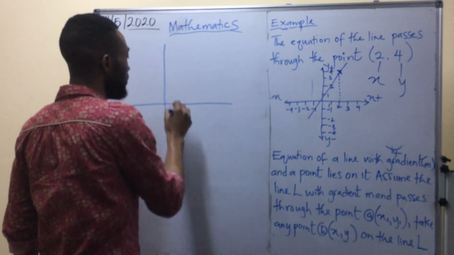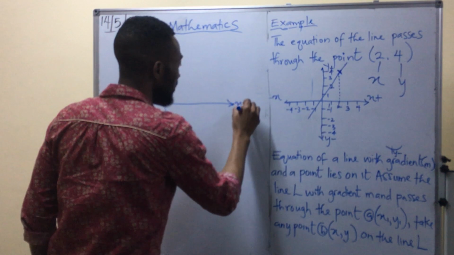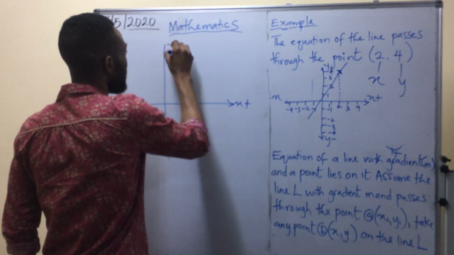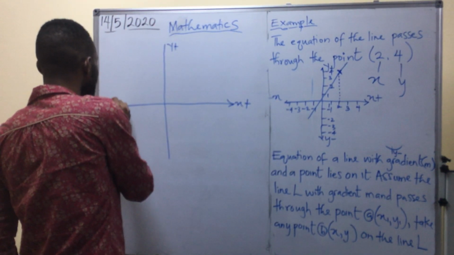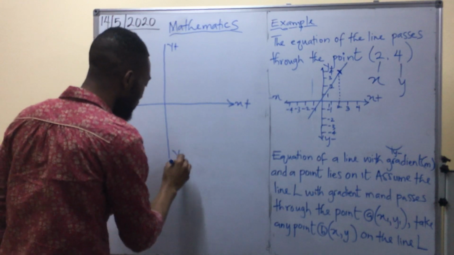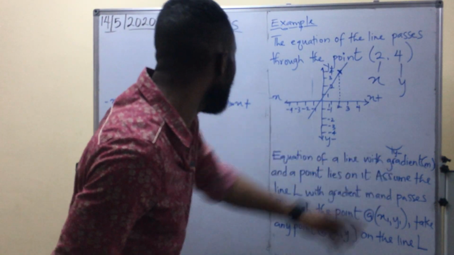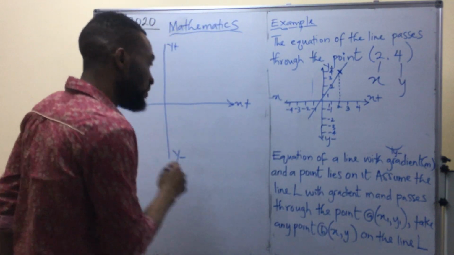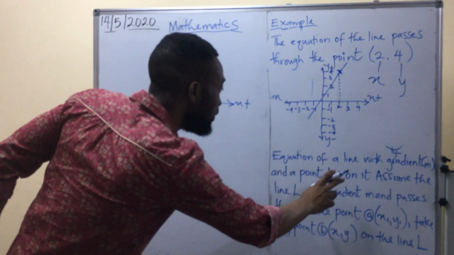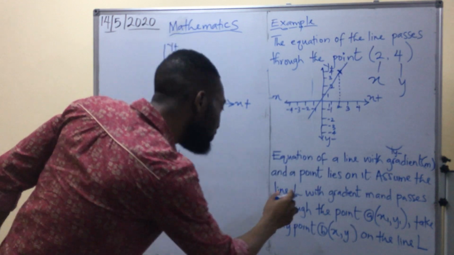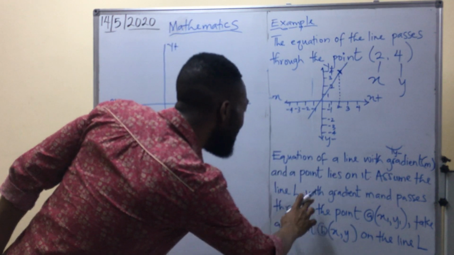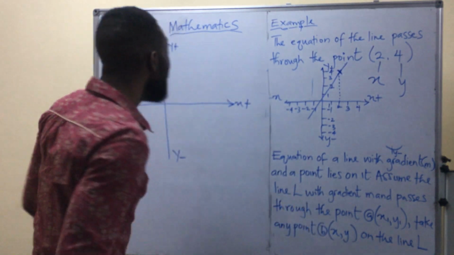So we have x plus, y plus, x minus, y minus. So the expression with the gradient m, and a point on it. Assume L is the line with gradient m.